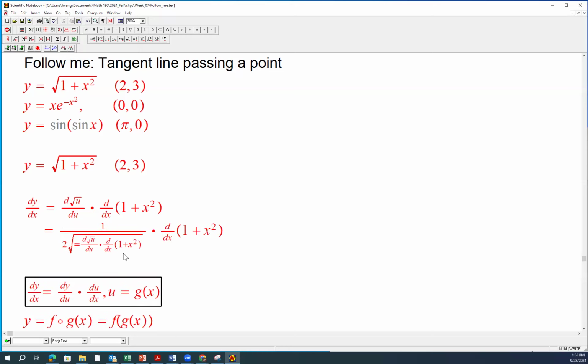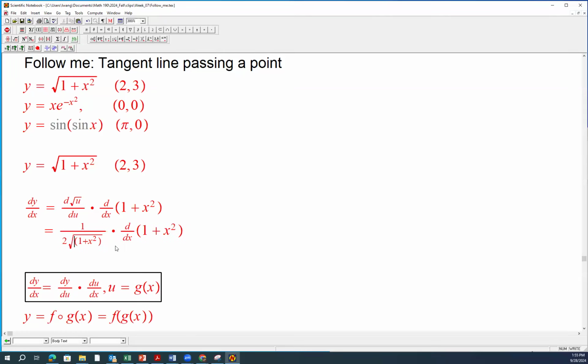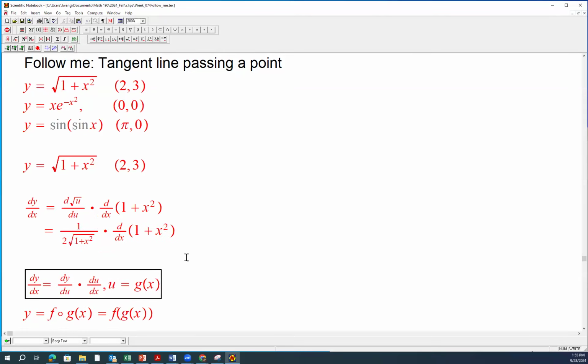Let me clean this up. The derivative of 1 plus x squared is 2x. You can bring the 2x on top, and the 2 and 2 reduce. And that's the derivative.